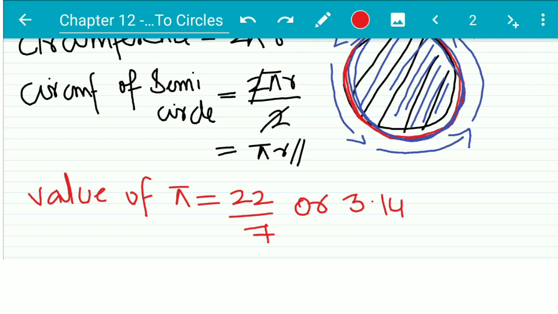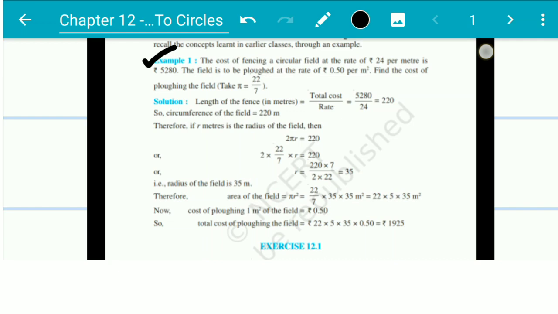Okay, now come to your example number 1. The cost of fencing a circular field at the rate of rupees 24 per meter is rupees 5280. The field is to be plowed at the rate of rupees 0.50 per meter square. Find the cost of plowing the field. See, they have told us to take pi value equal to 22 by 7.